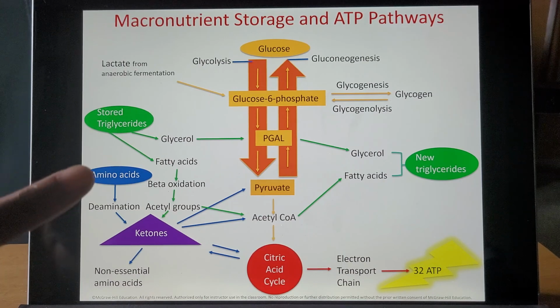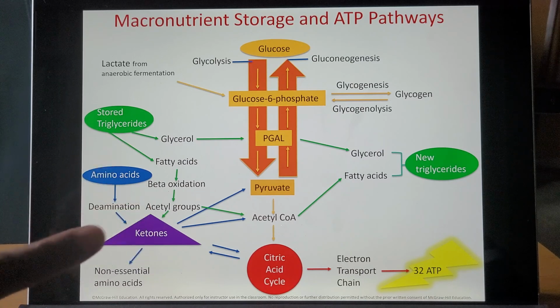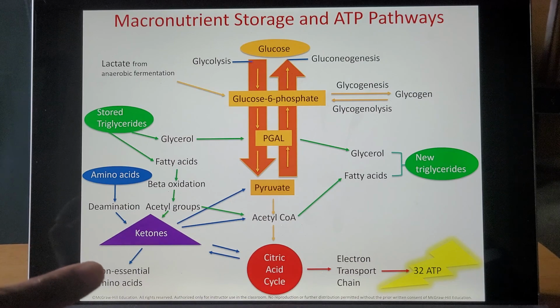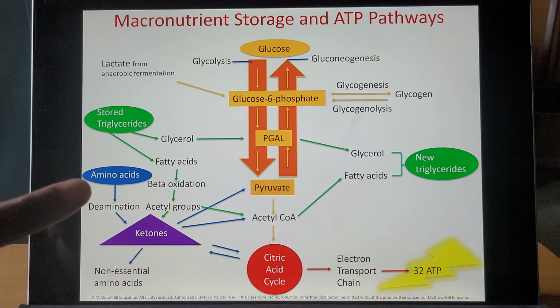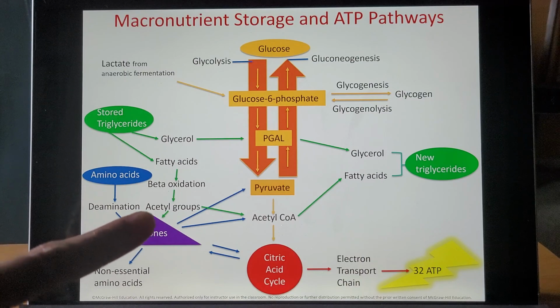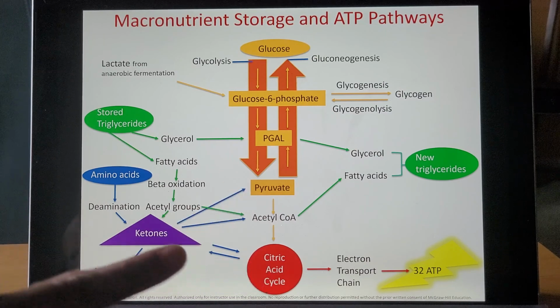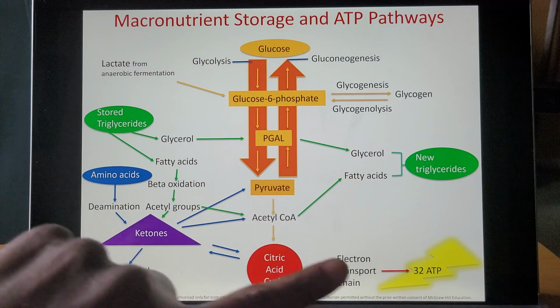We actually can take pieces of them and make them into ketones that we can use to also make more of our non-essential amino acids. Some amino acids we do have to get from the diet, and later we'll talk about our amino acids. So from our protein, taking them, breaking them down, either using them back as non-essential amino acids or putting them into our system for eventually making ATP.